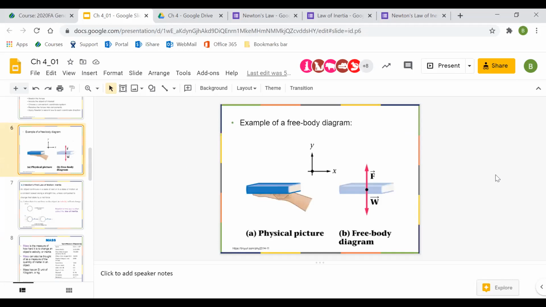When we have a book resting on your hand or on the table or on the ground, actually it's not a single force of gravity. The weight is the force of gravity, but there's a supporting force, because when we are standing here, the ground is supporting us and the Earth is pulling us down. So there are two forces here, and they balance out.